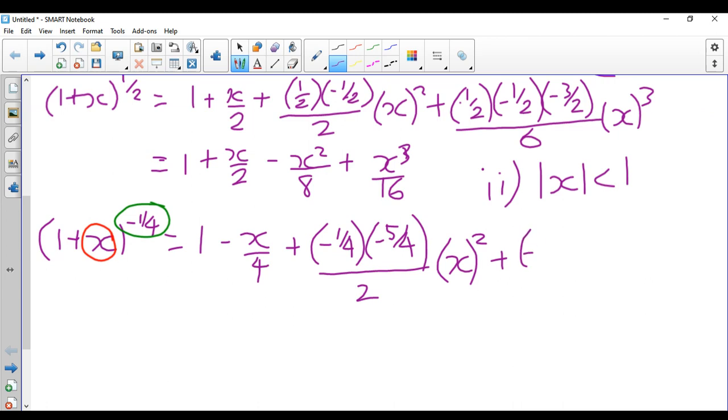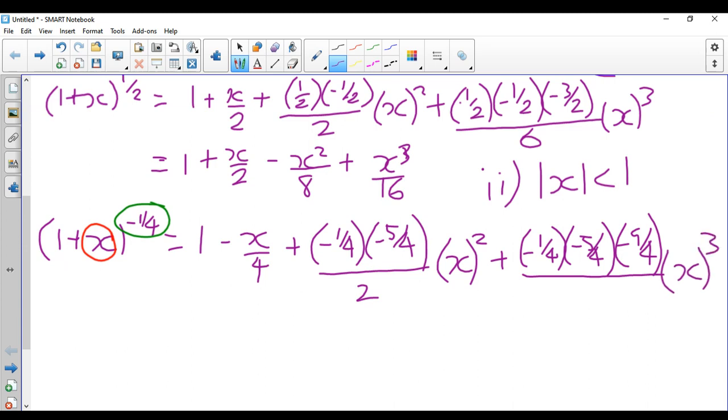Minus a quarter, minus 5 over 4, and minus 9 over 4. Part of the reason I'm doing it in my head is also because I have to write quite large on this laptop, so I don't get all the room I need. So it just helps me save some space. Over 6. 1 minus x over 4.